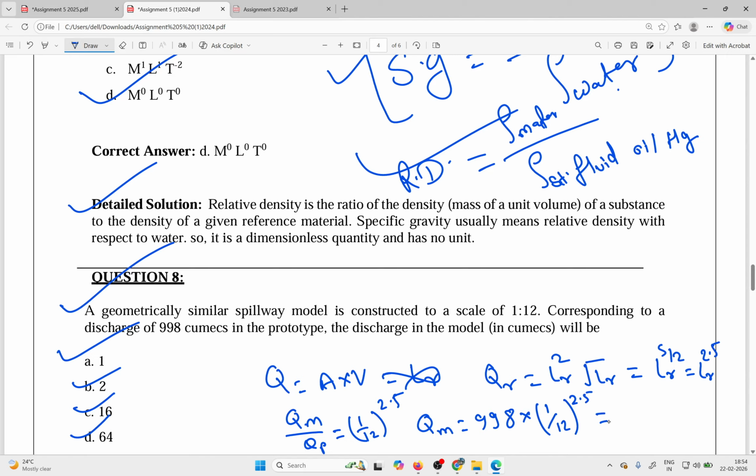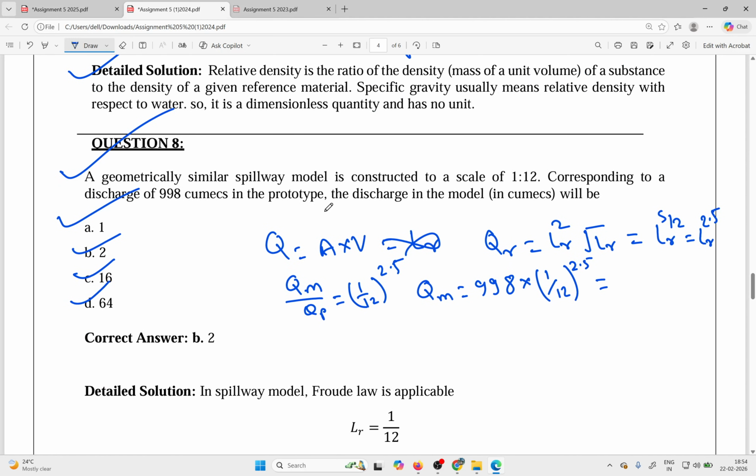So finally you will get, let me just check, 2. So this will be the correct answer. So option B is correct here.